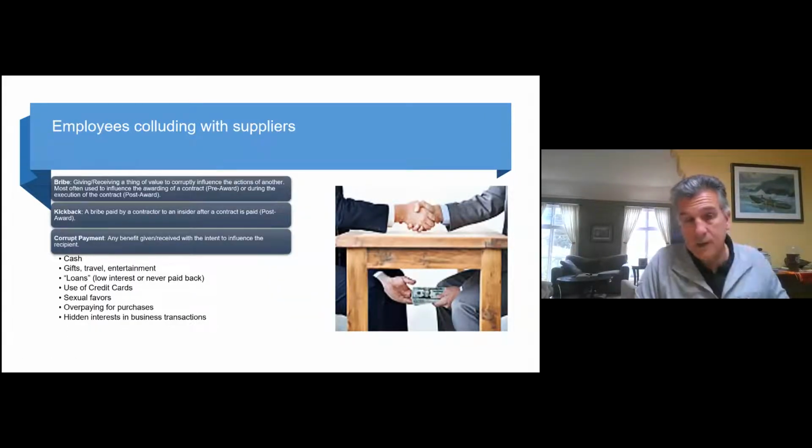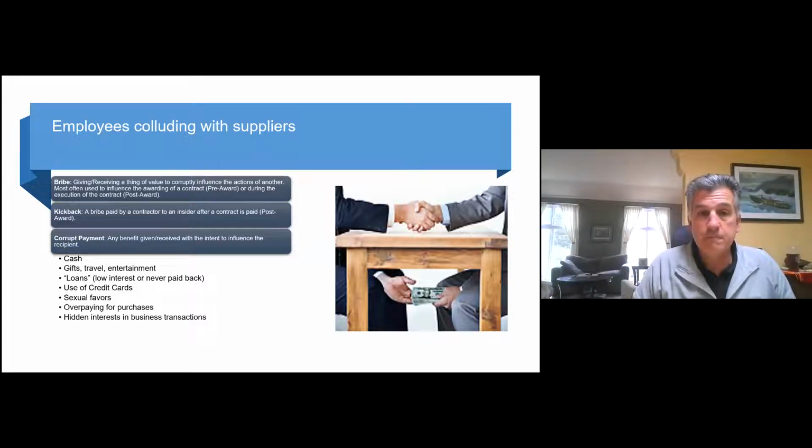We'll start off with this type of fraud, simply employees colluding with suppliers. Within this area, we could be talking about a bribe, which is the giving or receiving of a thing of value to corruptly influence another person, most often used to influence the awarding of a contract in the pre-award process or during the execution of that contract post-award.